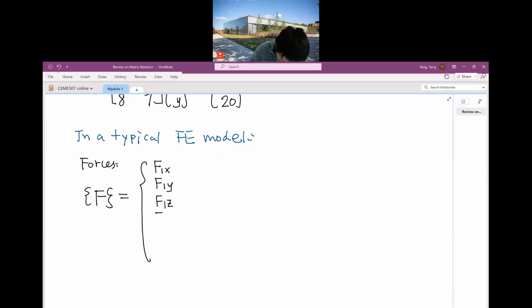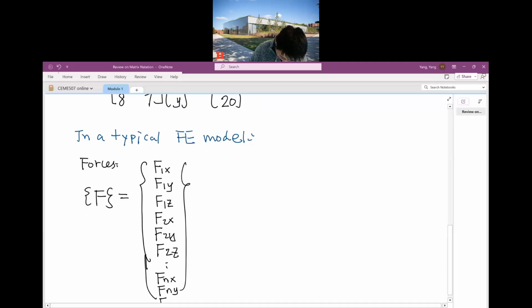So similarly, we have F2x, F2y, and F2z, until we consider Fnx, Fny, and Fnz.